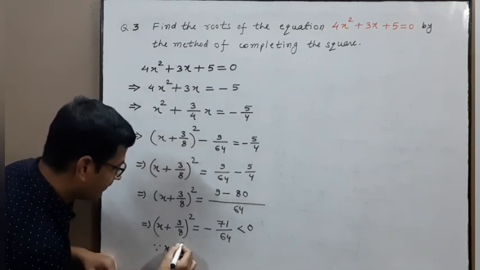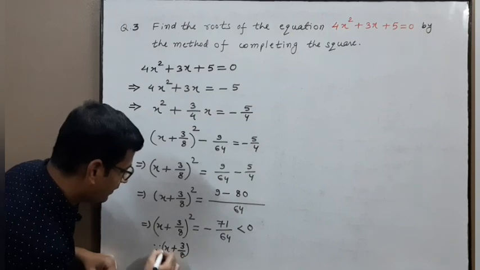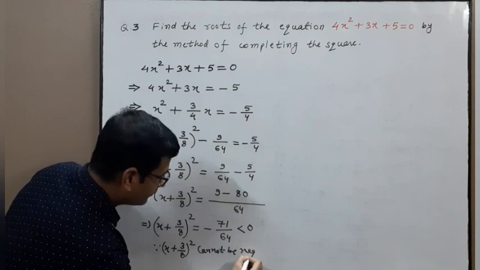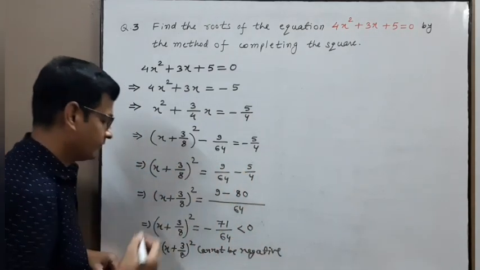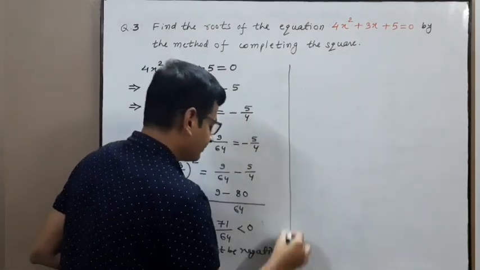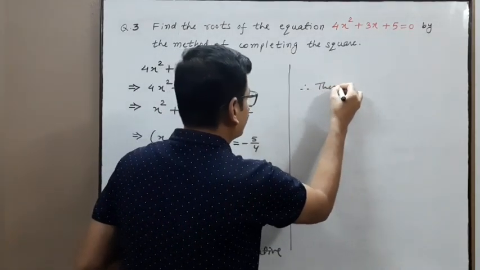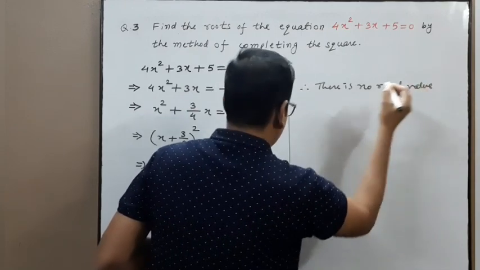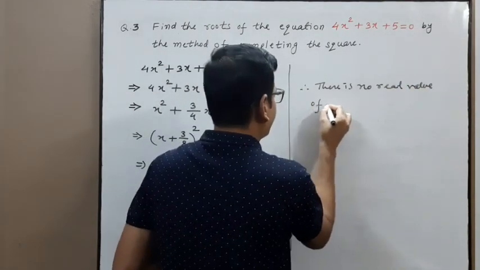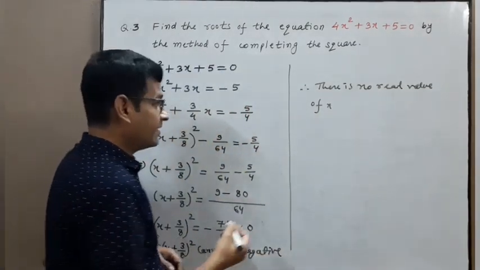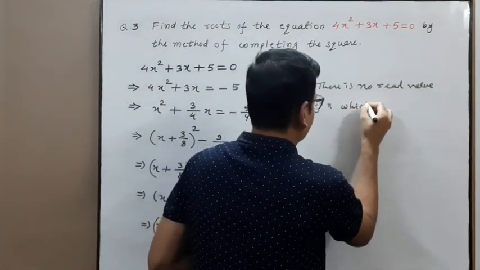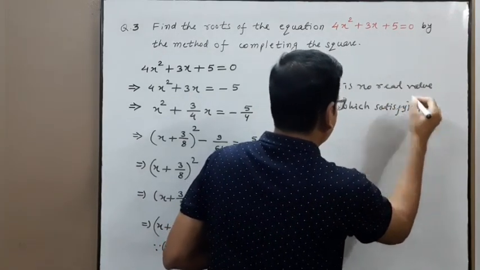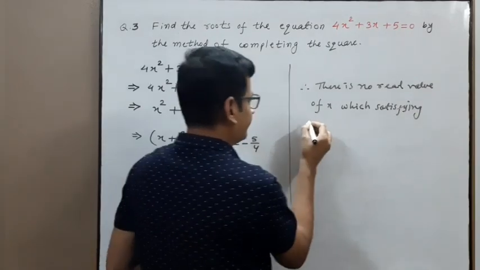Since x plus 3 by 8 whole square cannot be negative, therefore there is no real value of x satisfying the given equation.